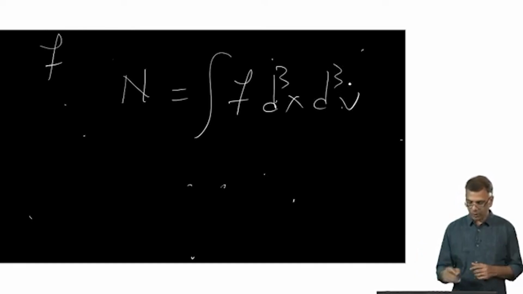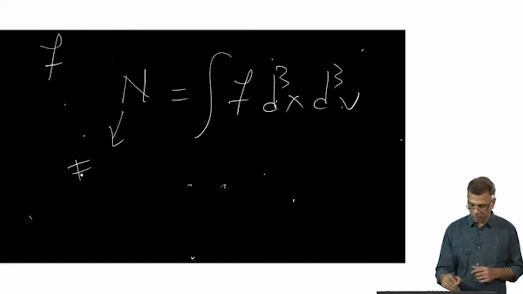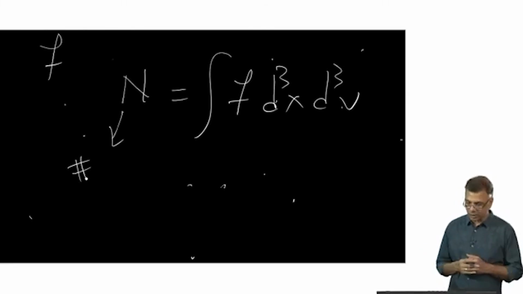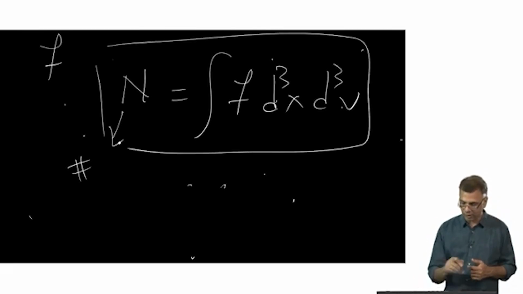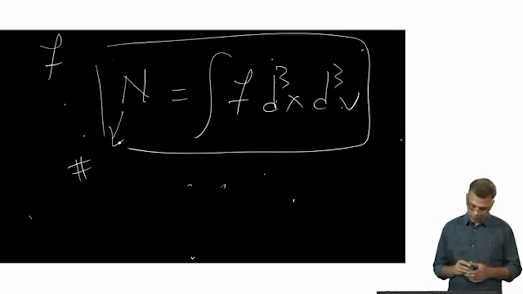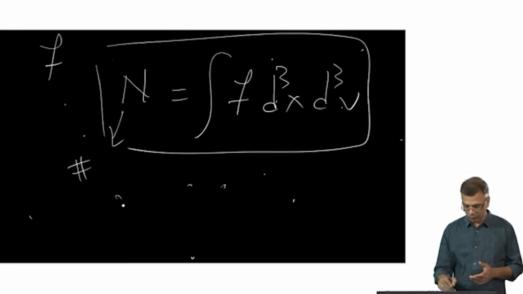This is just the total number, a dimensionless quantity. So what's the definition of the distribution function? Well, this is the definition right here. Another kind of definition would be if you talk about number density, for instance, which would be number per centimeter cube.